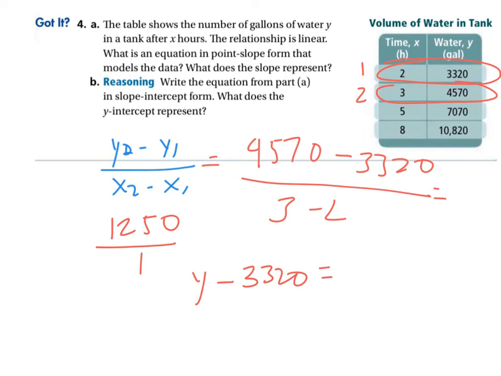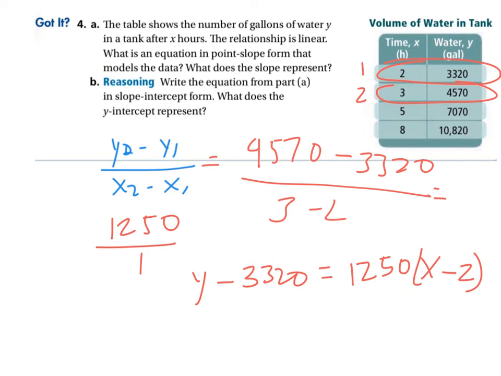Equals our slope of 1250 times x minus 2. And again, so there is an equation. Actually, there's 4 of them. You could have picked any of these points here in point-slope form for this.